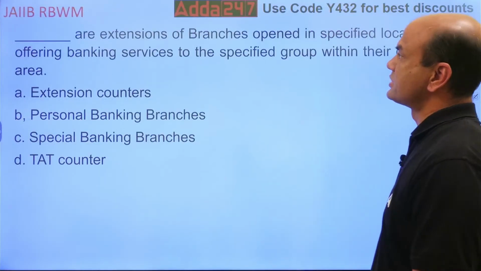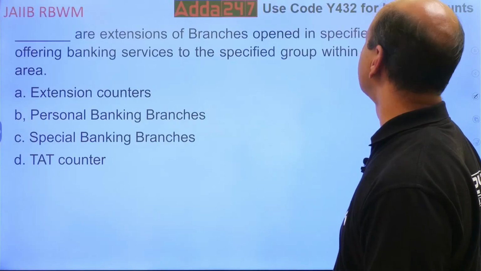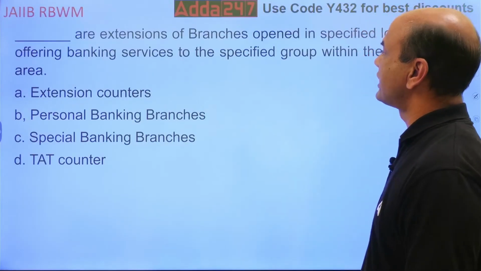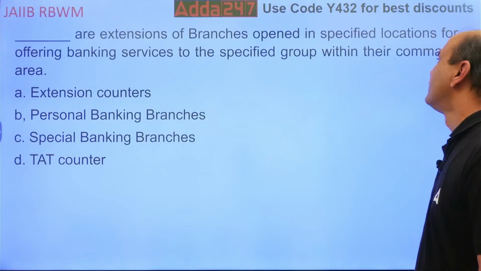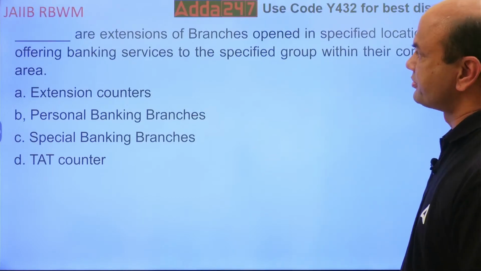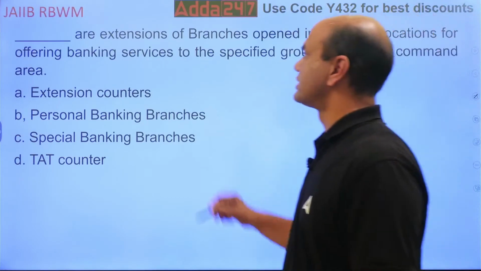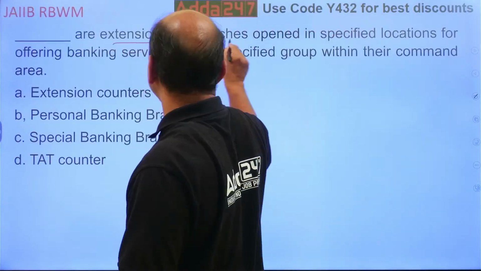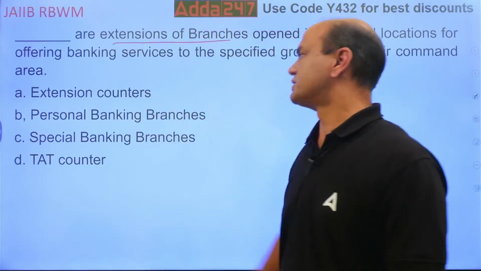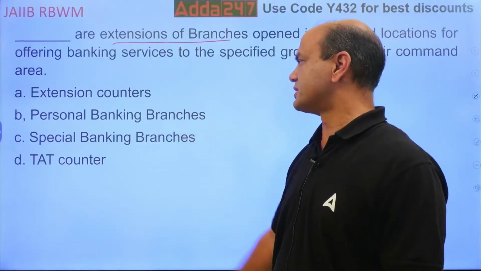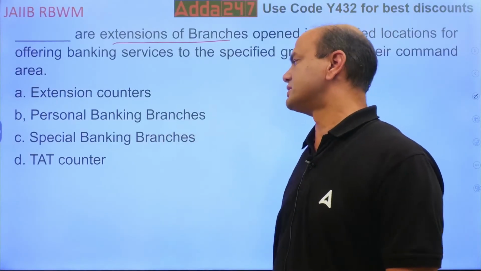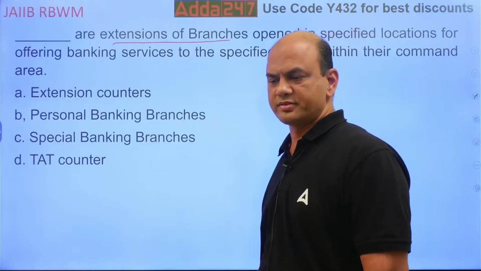Dash are extensions of branches opened in specified locations for offering banking services to specified groups within their command area. So extensions of branches. What is an extension of a branch? Extension counters, personal banking branches, special banking branches, TAT counters.